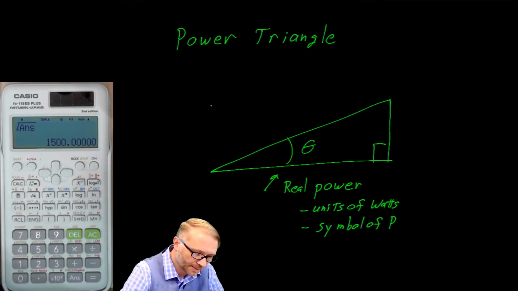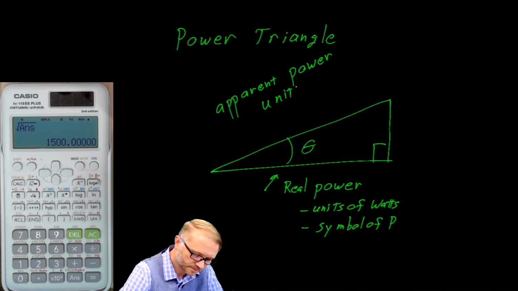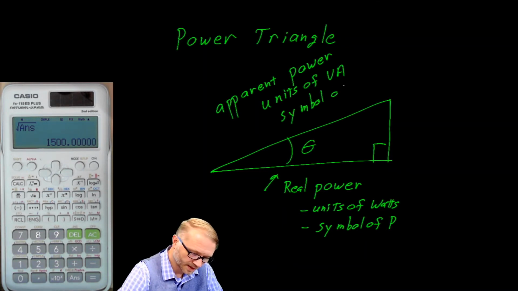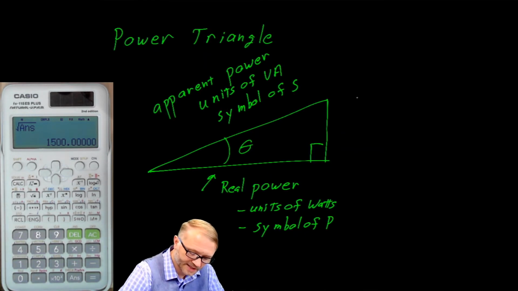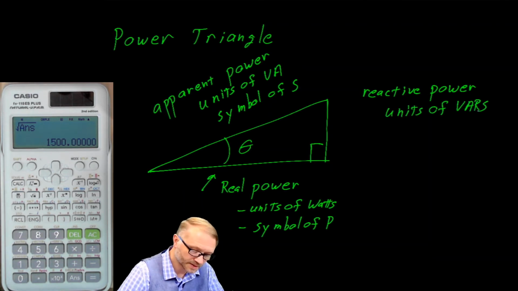We talked about the hypotenuse being the apparent power, units of volt amps, and it has a symbol of S. And finally, we have reactive power, units of vars, and a symbol of Q.